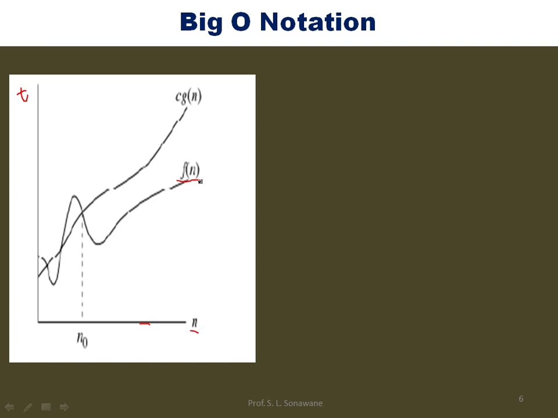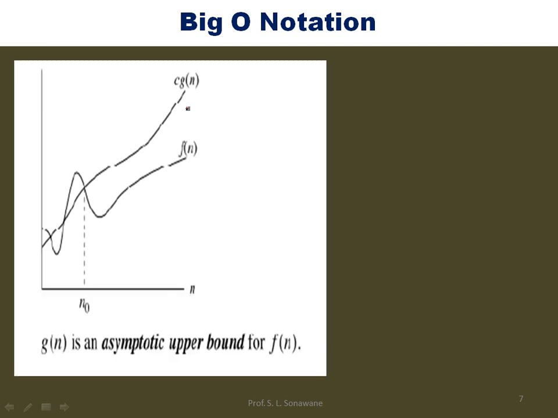This function is written with respect to n. This is f of n. Now the second function is c into g of n. The second function is plotted here, and it is called an upper bound. So c into g of n is considered as an upper bound. Therefore we can say that g of n is an asymptotic upper bound for f of n.